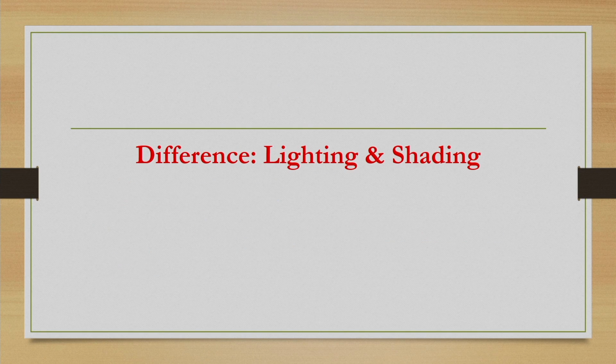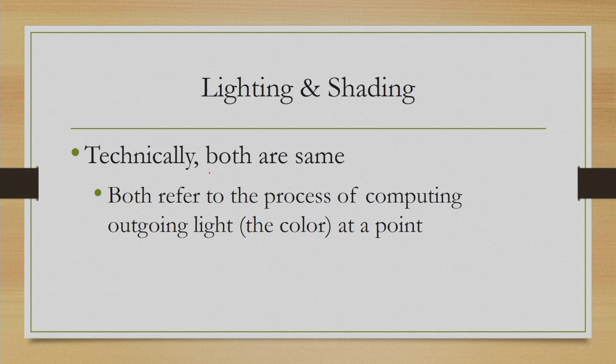So, technically both are same, both refer to the process of computing color at a point, but there is a difference, particularly in the context of usage of this term in computer graphics.